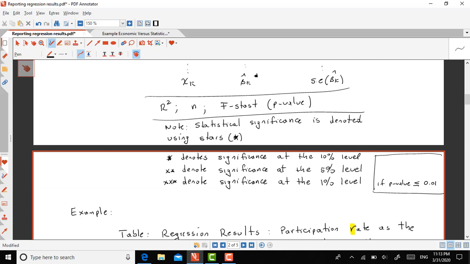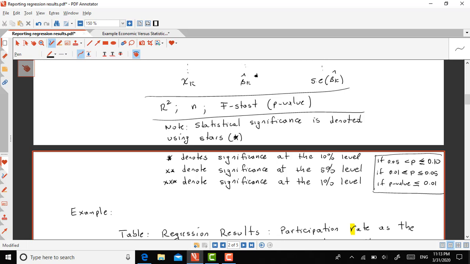We use 2 stars if the p-value is higher than 0.01 but lower or equal than 0.05. And we use 1 star if the p-value is higher than 0.05 and lower or equal to 0.10.